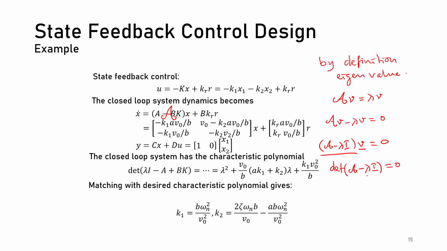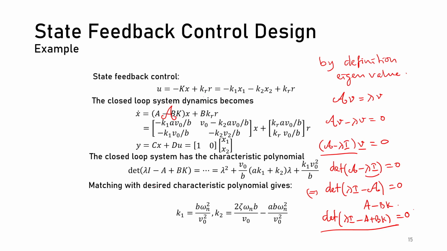It's okay you use this one in front. I mean it's the same as determinant of lambda I minus A equal to 0, and you have A as A minus BK. So finally you can have determinant of lambda I minus A plus BK equal to 0.